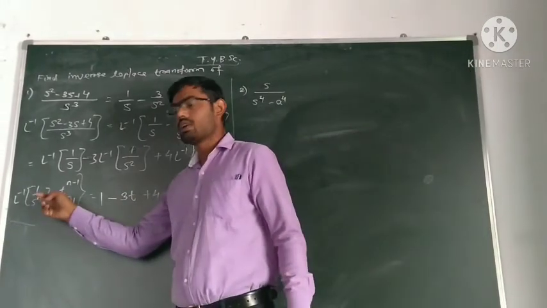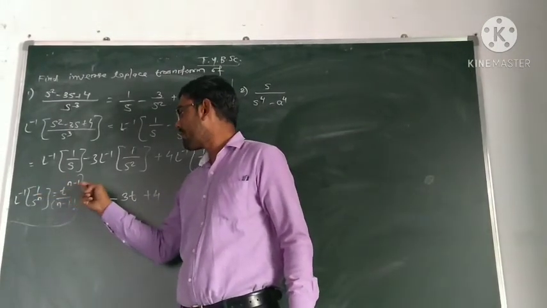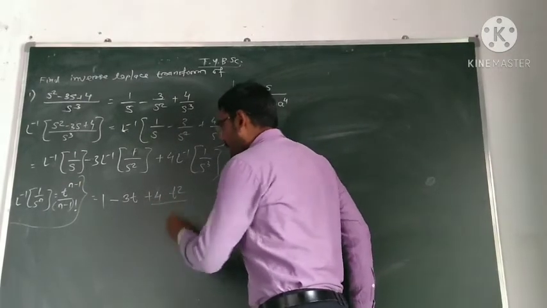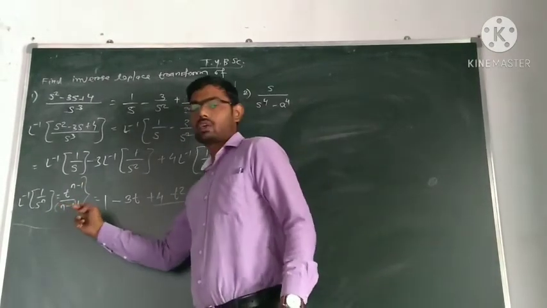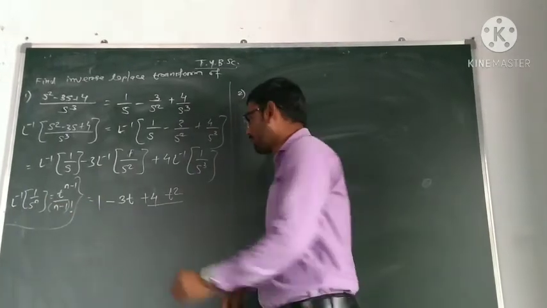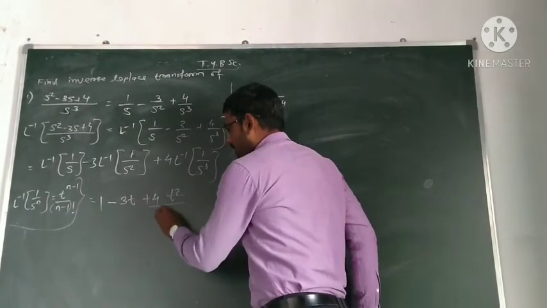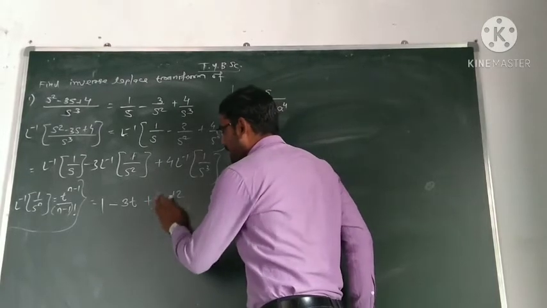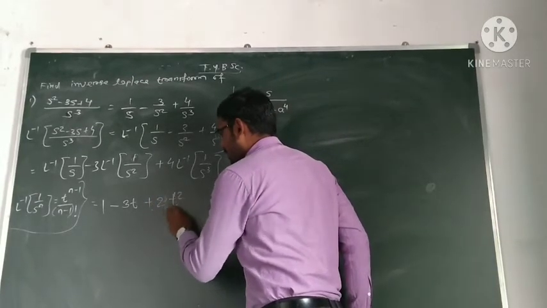Put n equal to 3: t raised to the power 3 − 1, so t², upon 3 − 1 factorial, that is 2 factorial, that is 2. So 4 times t² upon 2, put 2 in the numerator, 4 divided by 2 is 2. So we can write this as plus 2t².